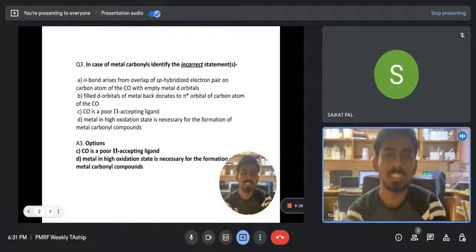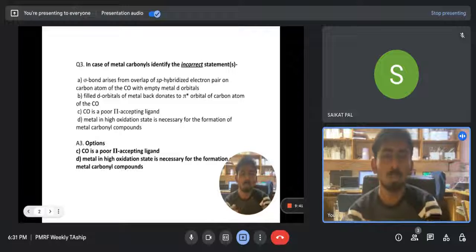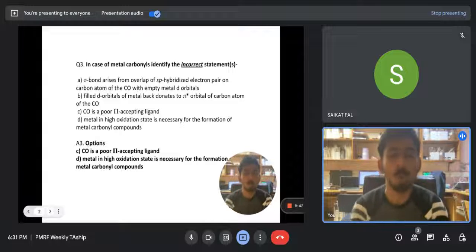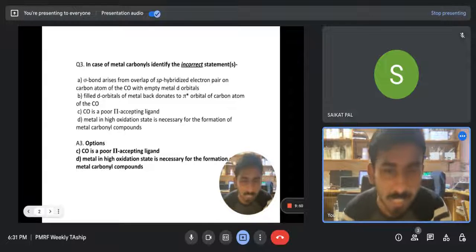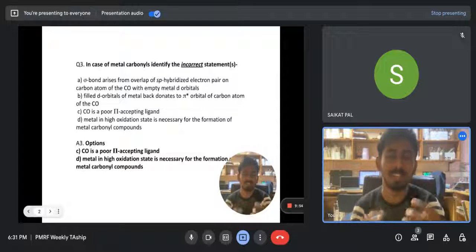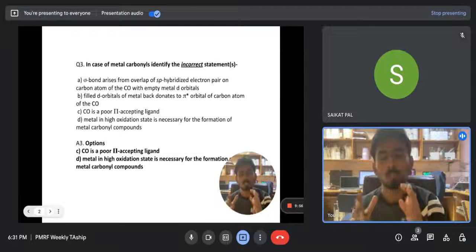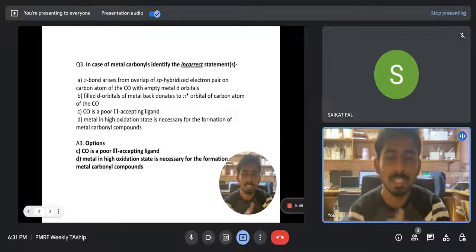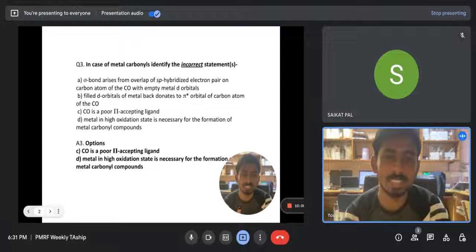That's how they will be stabilized. So metal in low oxidation state is necessary for the formation of metal carbonyl compounds. So options C and D are incorrect, because CO is not a poor pi acceptor ligand, it's a very strong pi acceptor ligand, and not metal in a high oxidation state, but metal in a low oxidation state is necessary for the formation of metal carbonyl compounds.